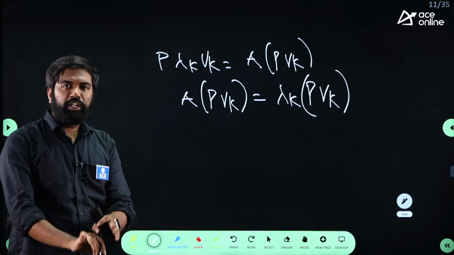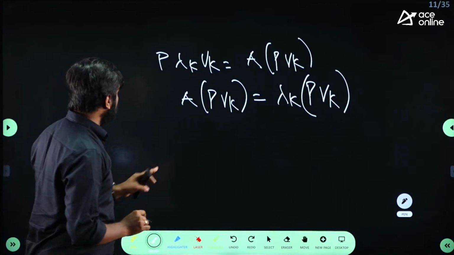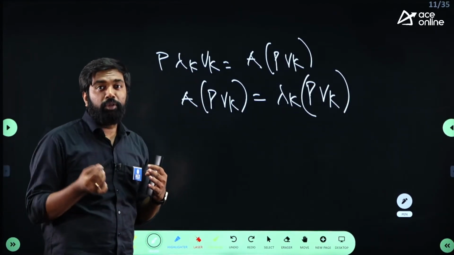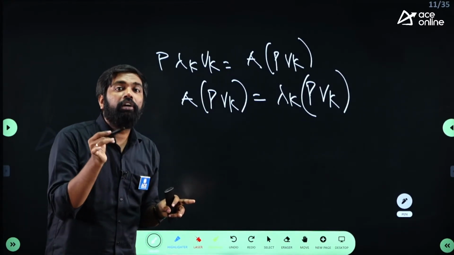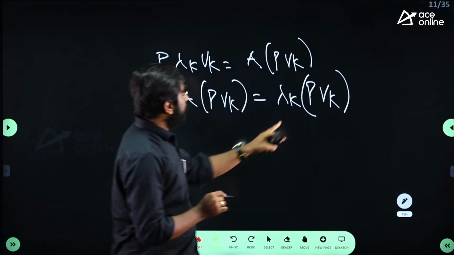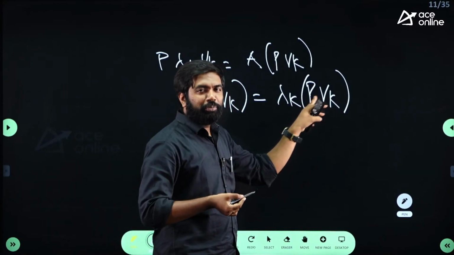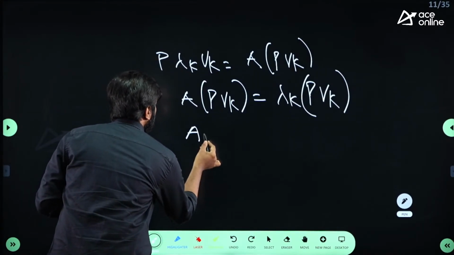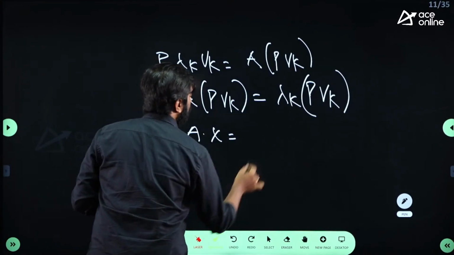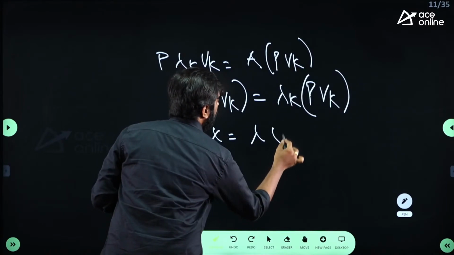That's it. We are done with the solution. Please understand, P is a matrix, yes, but Vk is a vector. When you multiply a matrix with a vector, you again get a vector. Now, this is in the form of A into X equal to lambda into X.